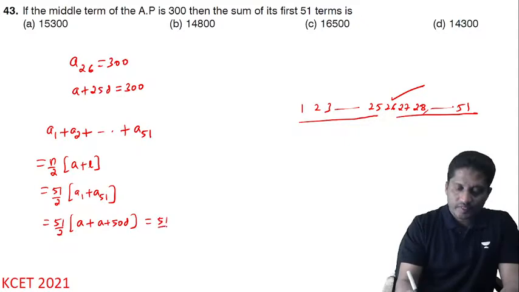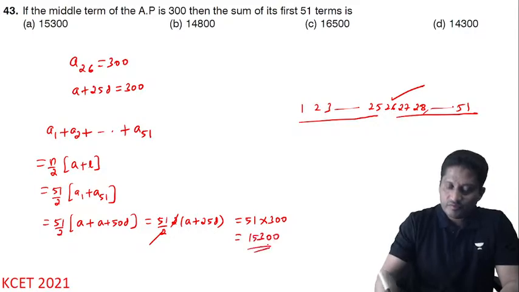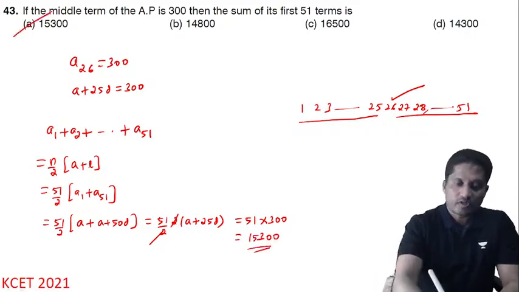This is equal to 51 by 2, taking 2 common, 2 into A plus 25D. 2 and 2 cancel. This is equal to 51 into A plus 25D, which is 300. 51 times 300 is 15,300. First option.